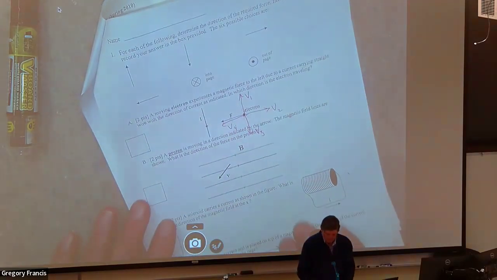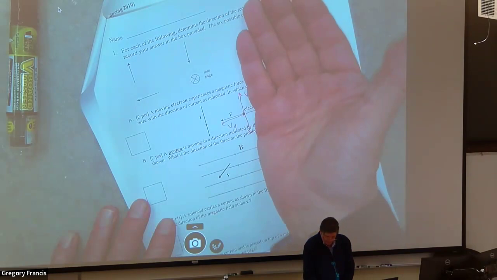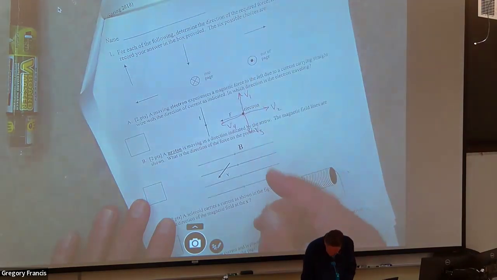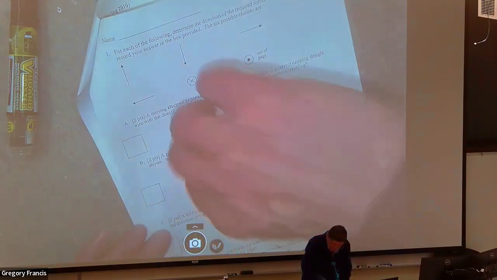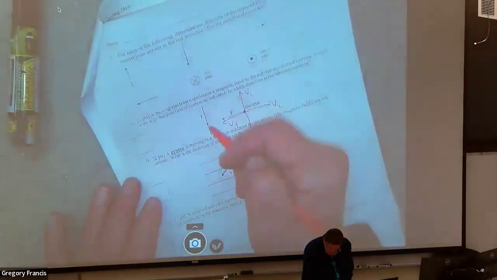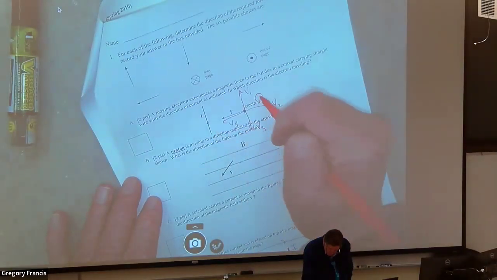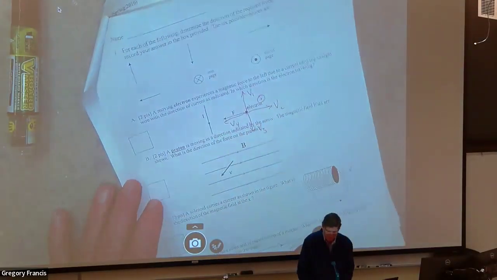Well, if it was going this way, I know that the B field due to this current is going to be up out of the page.